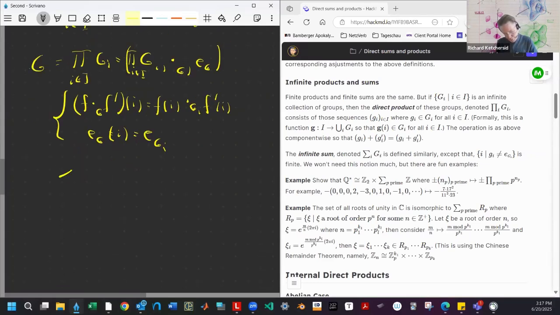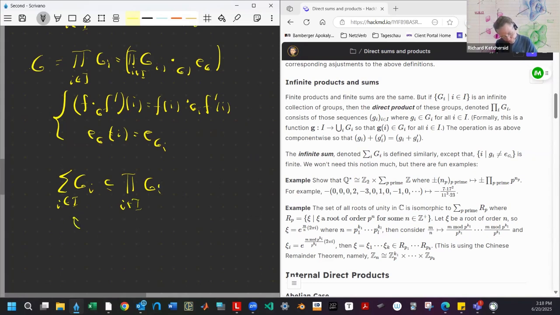An infinite sum, okay, so there's the sum of G_i, i in I. This is a subgroup of this. In some sense, the multiplication and the identity are inherited from the product here.